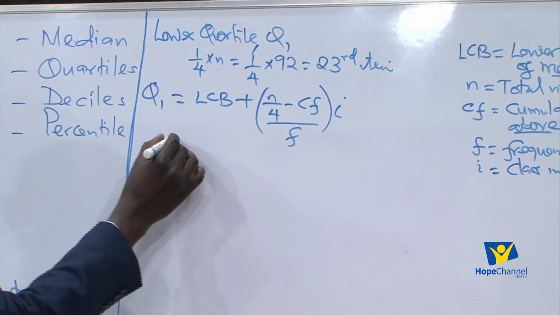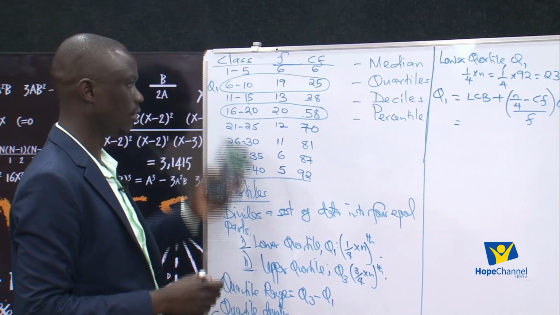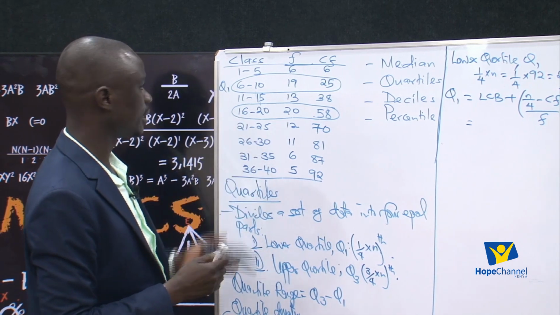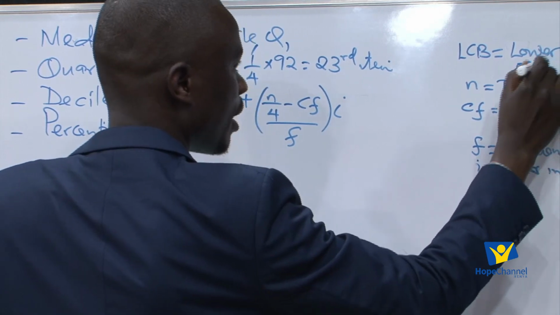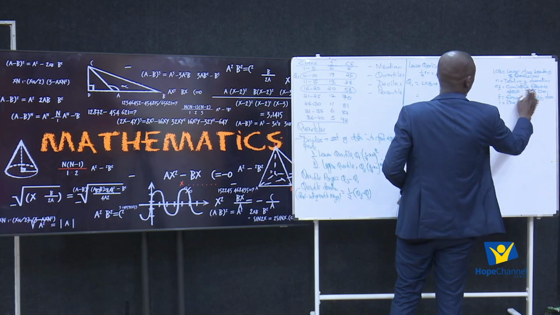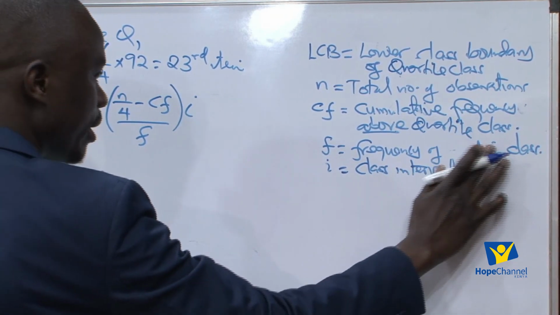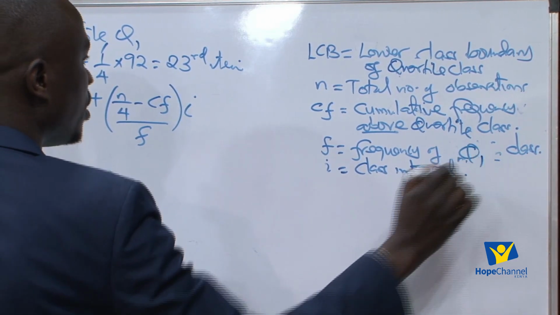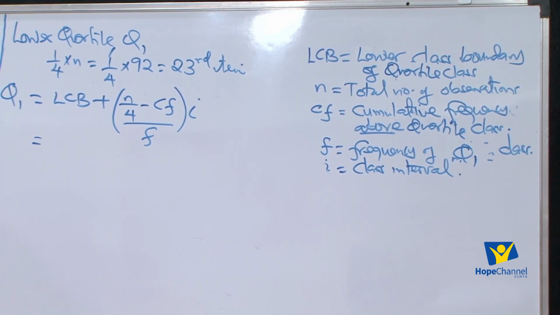So the lower class boundary now is of the quartile class, the cumulative frequency above the quartile class, and the frequency of that Q1 class. Everything now changes to quartile, but everything else remains the same.